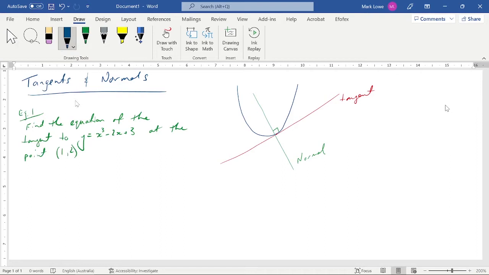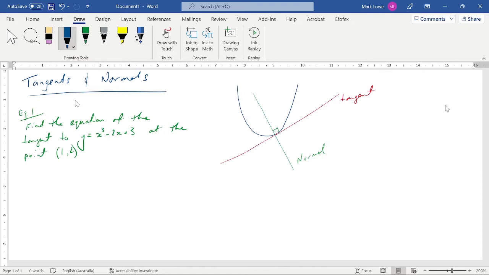Okay, so if we're wanting to find the equation of a line, we need effectively two bits of information. We need the gradient, and we just need a point on that line. So here we've got the point. We just need to be able to find the gradient first.